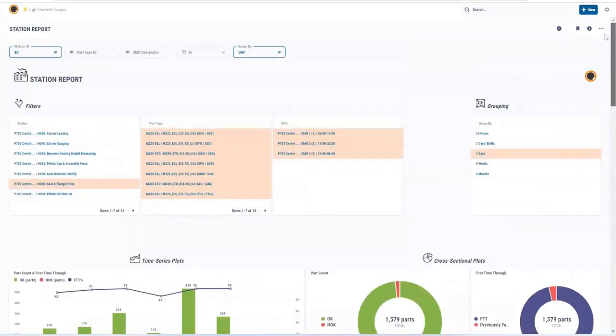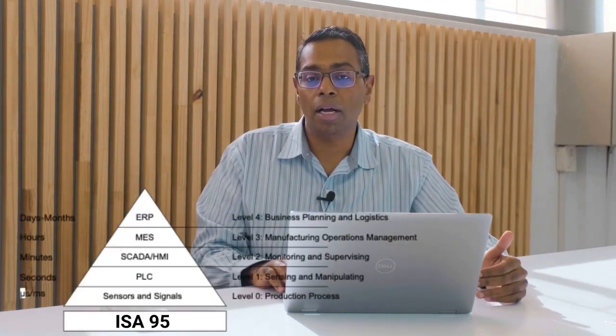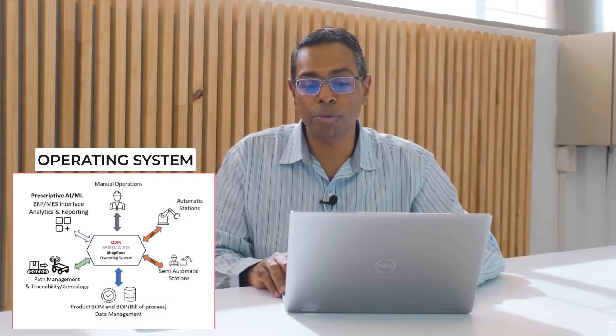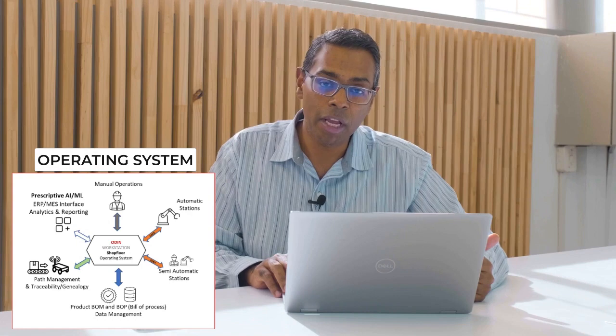And I think one of the most fundamental parts of why considering or switching from the typical ISA hierarchy to an operating system concept is so important is because if we really want to take advantage of prescriptive AI and machine learning, we're going to have to rethink how the data and processes are managed on the shop floor.